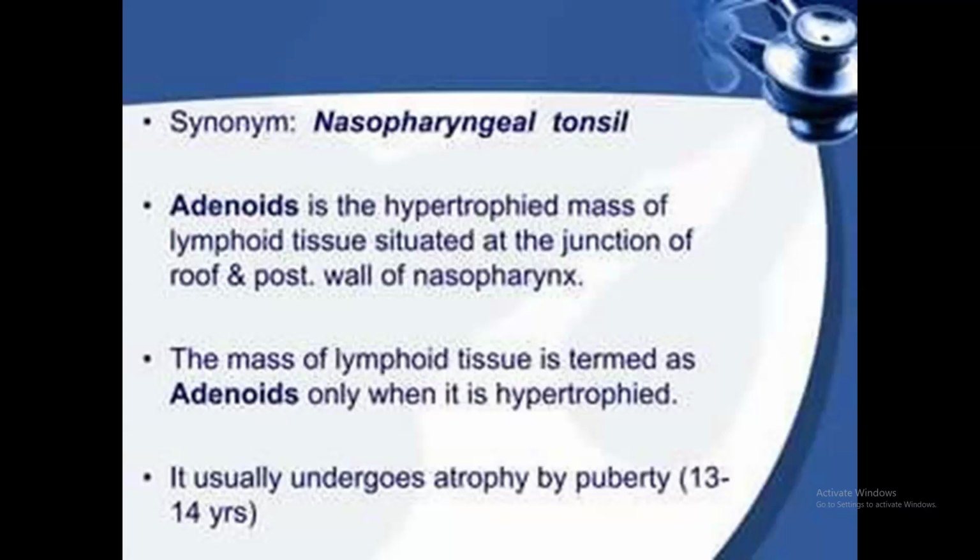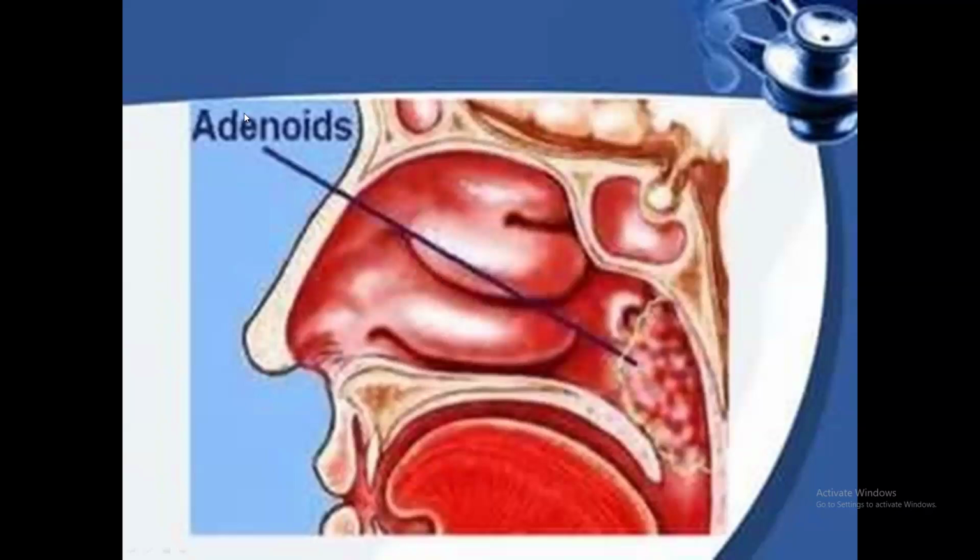The exact anatomical location is always the posterior wall of the nasopharynx. This mass of lymphoid tissue is termed adenoids only when it is hypertrophied. It usually undergoes atrophy by the age of puberty, that is at 13 to 14 years. This is the exact location of adenoids.